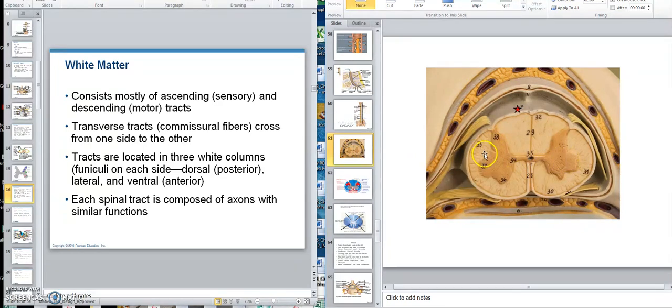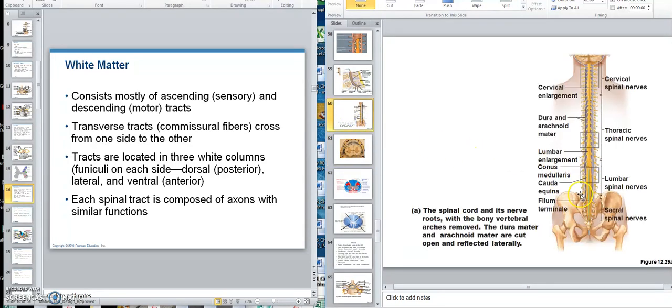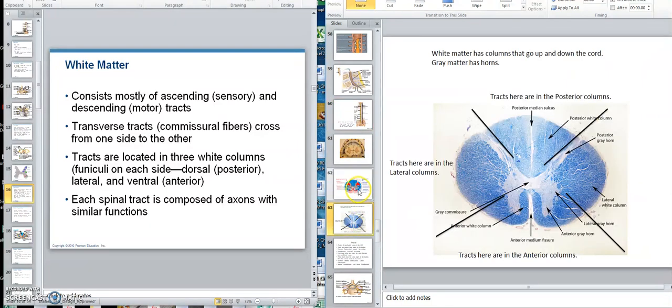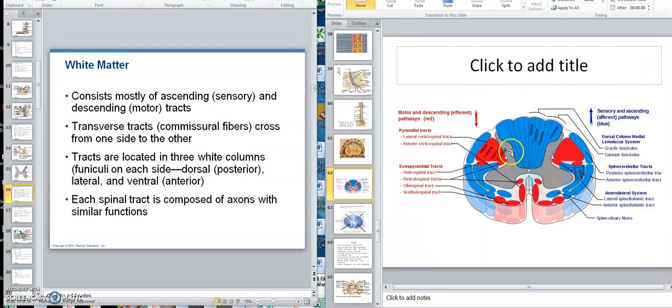The cord is about 1 inch across, so you don't need miles. But if you're going up and down the cord, think about it. Even a short person, that's a little distance. So you need those fast myelinated neurons.